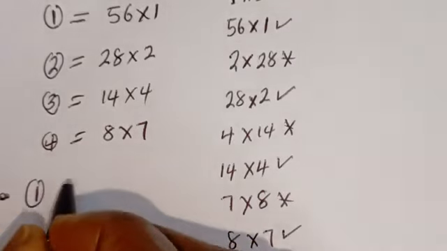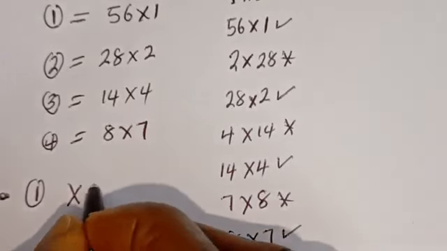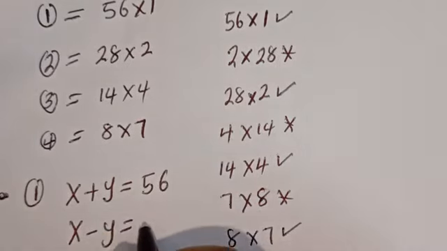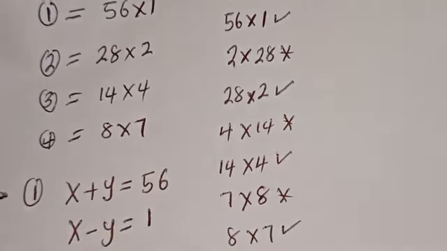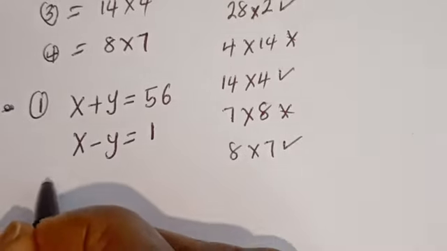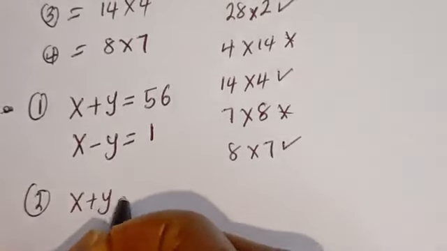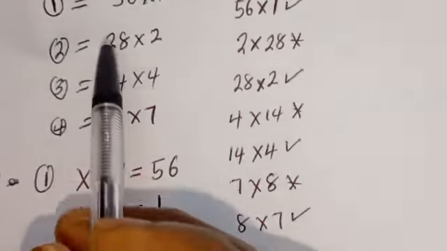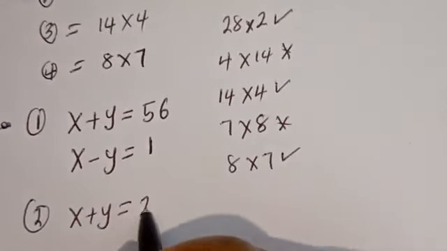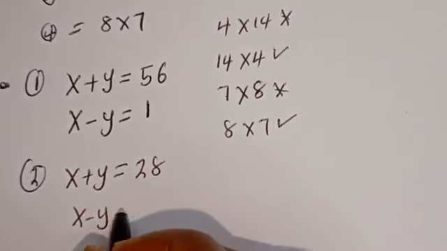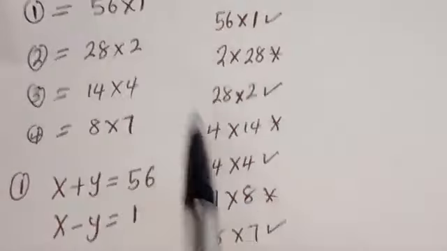The first case will be x plus y is equal to 56, then x minus y is equal to 1. Now, the second equation will be x plus y is equal to 28, then x minus y is equal to 2.